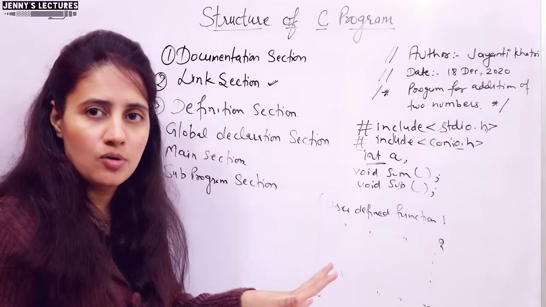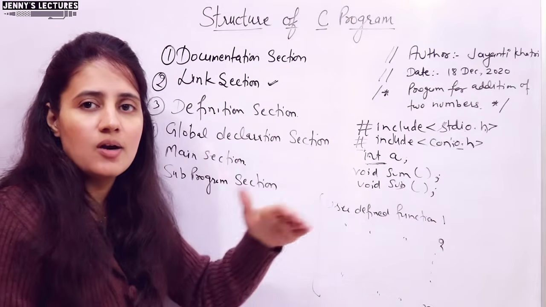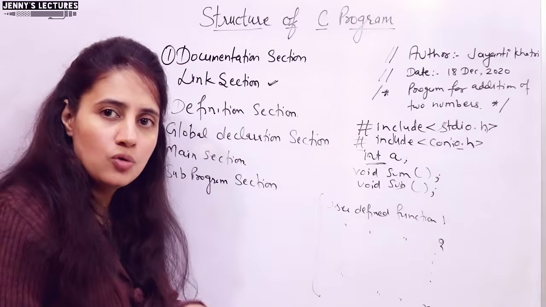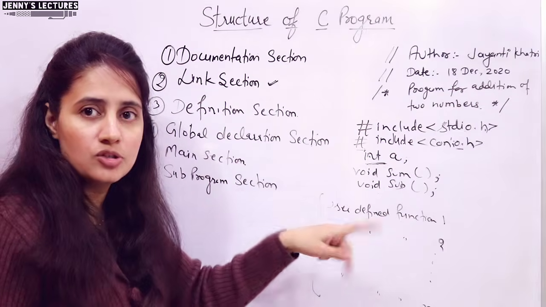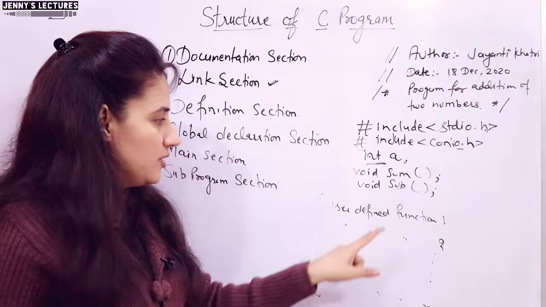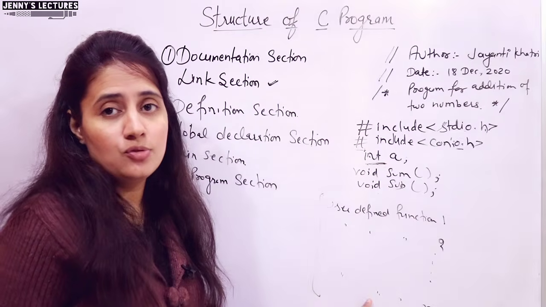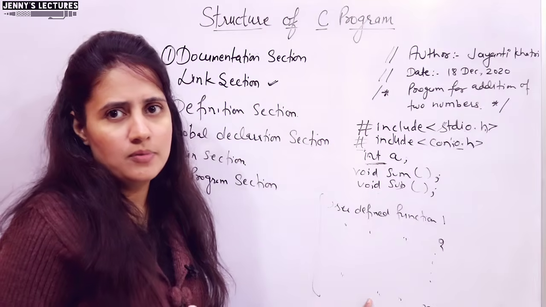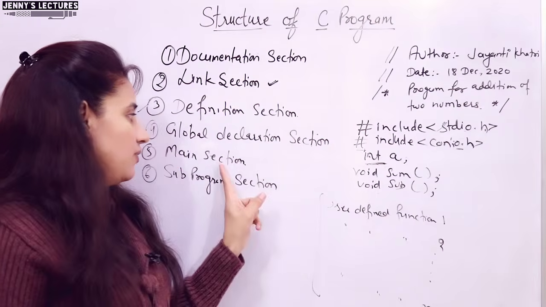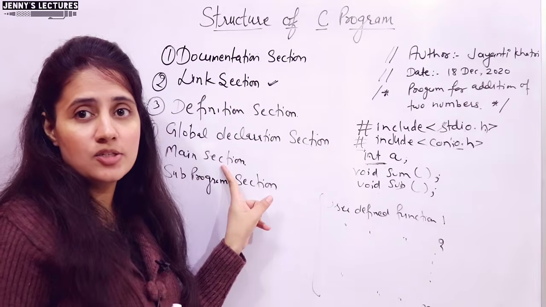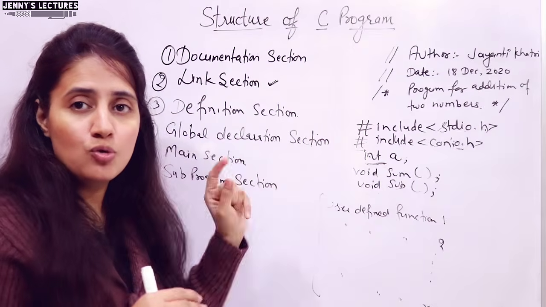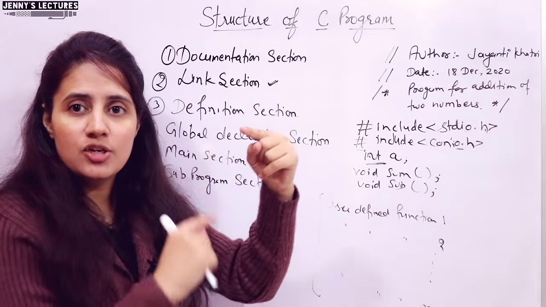They may appear in any order. Generally we write them just after the main function, and you call these user defined functions in the main function, and these are also optional. It's not compulsory to include a user defined function in your program, no. But yes, the main section, that is compulsory to include. And in main also I have told you 2 parts, declaration and executable part.